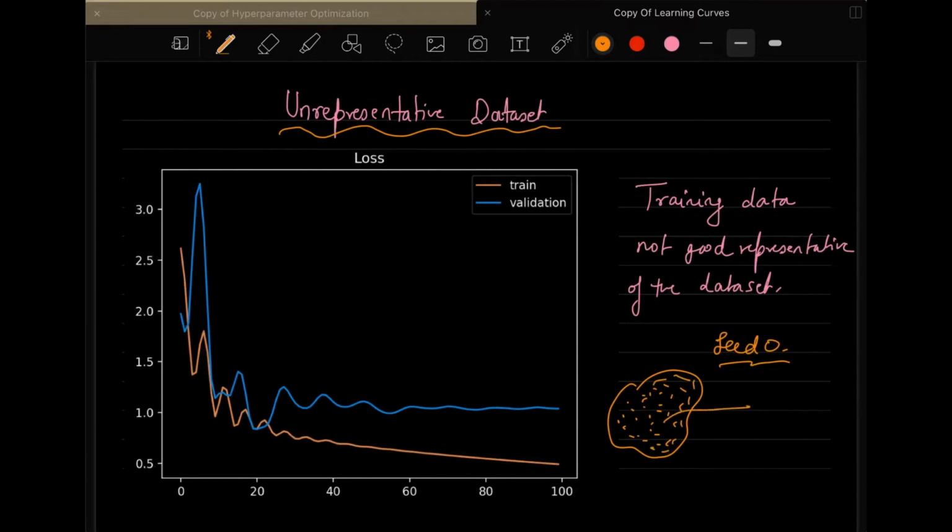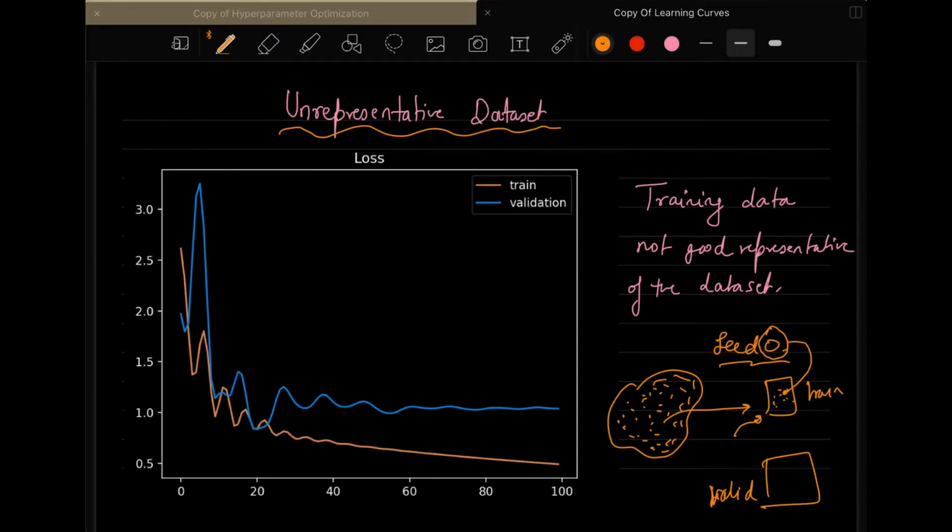So when you do a splitting into training and validation, it might be the case that at this particular seed 0, the training images that you are getting over here are not that representative of the actual images if you have noise free.